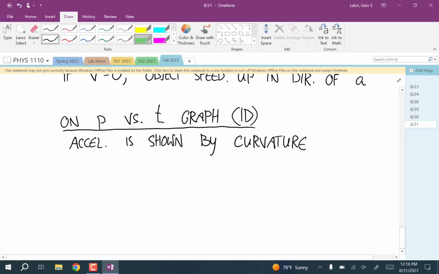So if the graph is part of a concave up curve, think of this as like a face.